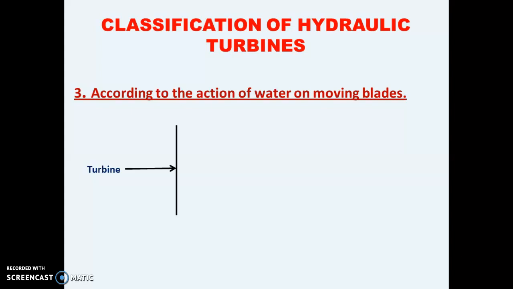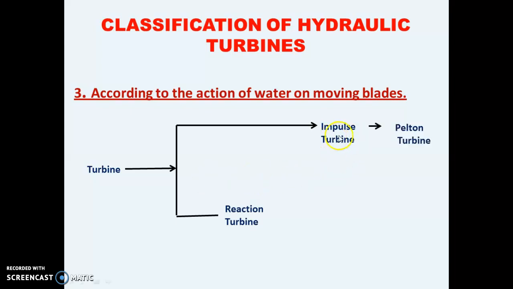Now according to the action of water on moving blades, turbines can be divided into impulse turbine and reaction turbine. Under impulse turbine there is only one type of turbine, that is the Pelton turbine, and under reaction turbine there are two types of turbine, that is Francis turbine and Kaplan turbine.